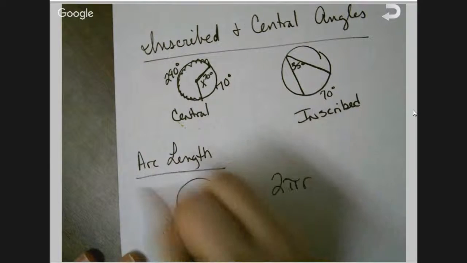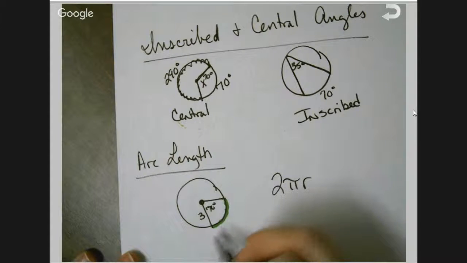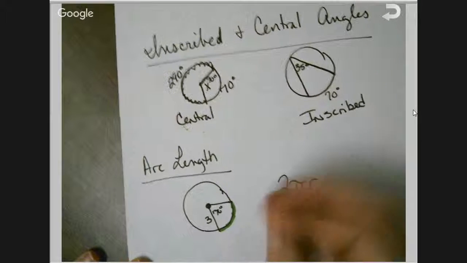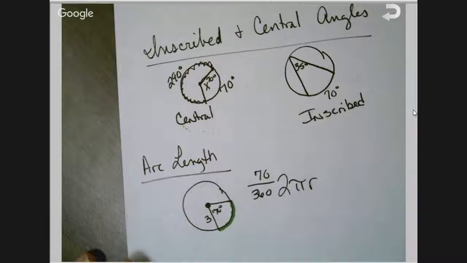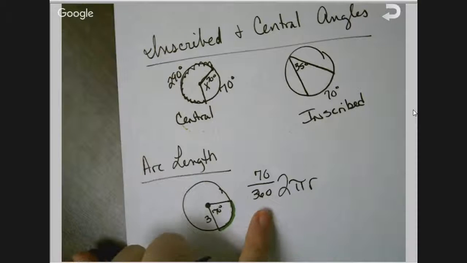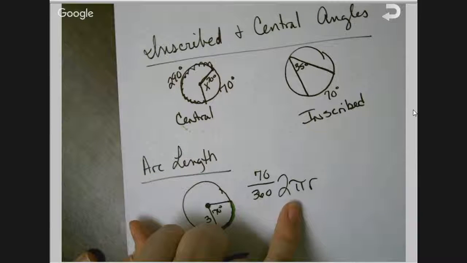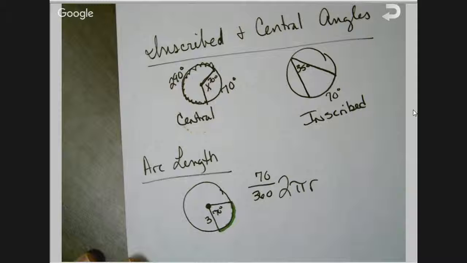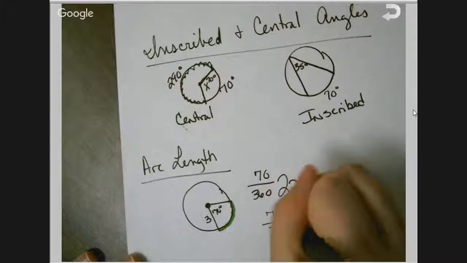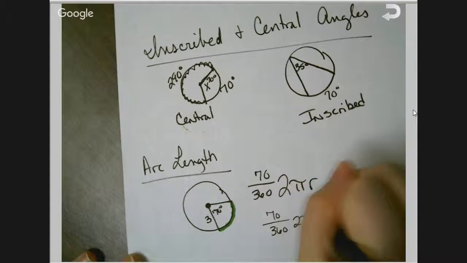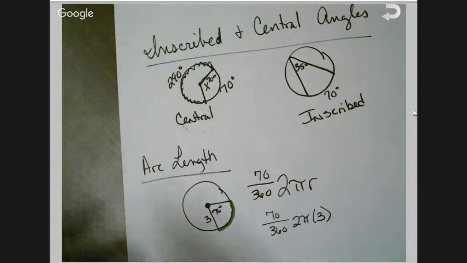That would cover our entire circle. We only need 70 degrees out of it. So we literally need 70 degrees out of that total 360. So I'm going to multiply it by that. You take your degrees, divide it by your whole, which is 360, and multiply it by your circumference. Okay, so we have 70 over 360 times 2 pi times 3, because r is your 3.